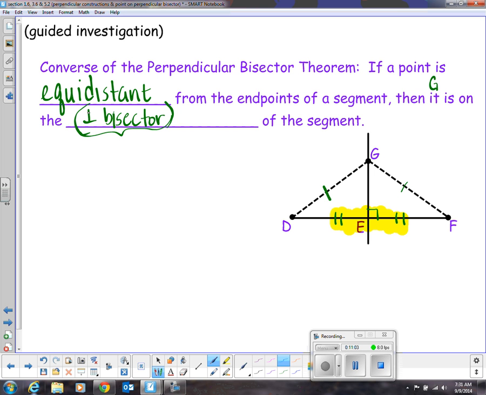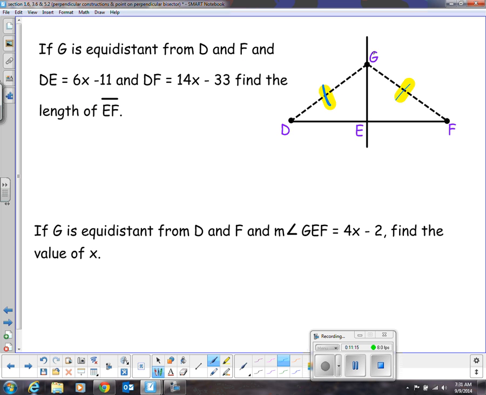We talked about that. Actually, you were supposed to go on your notes yesterday online and finish the notes. What does that mean? Perpendicular. So you need to make a notation in your notes. So what kind of segment is GE? Exactly.